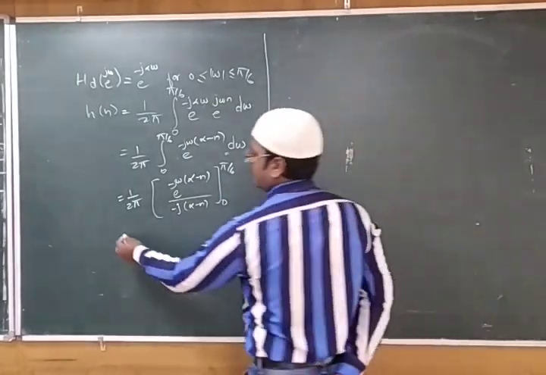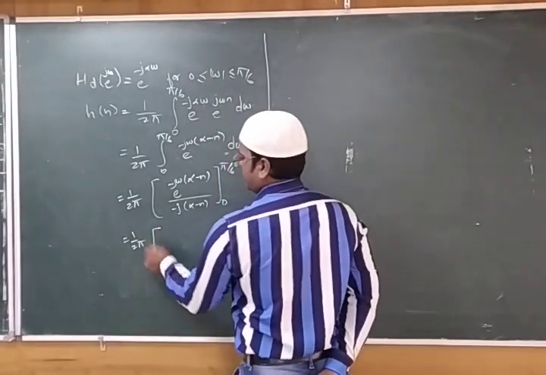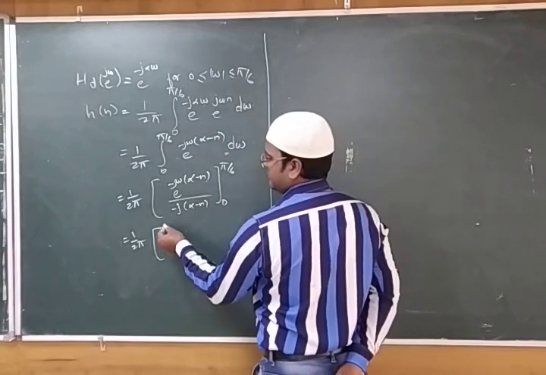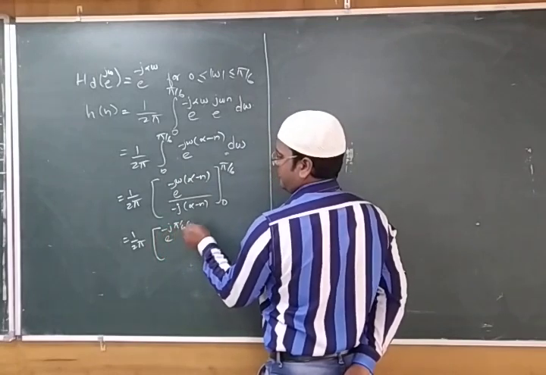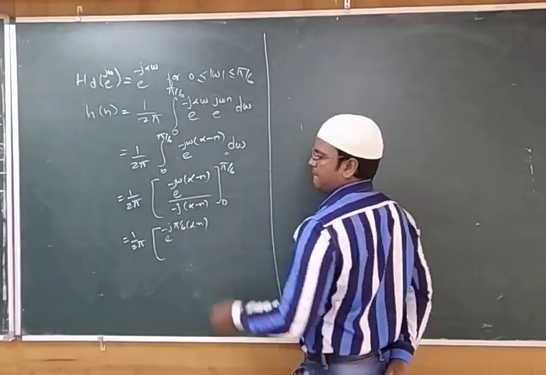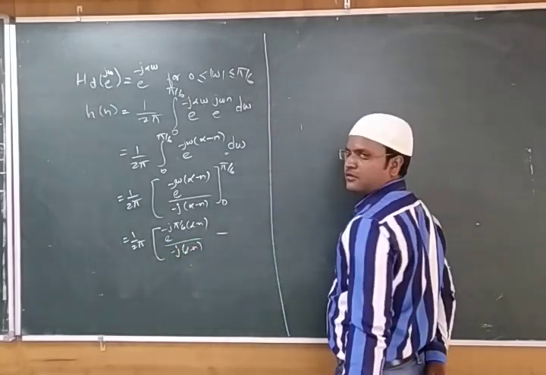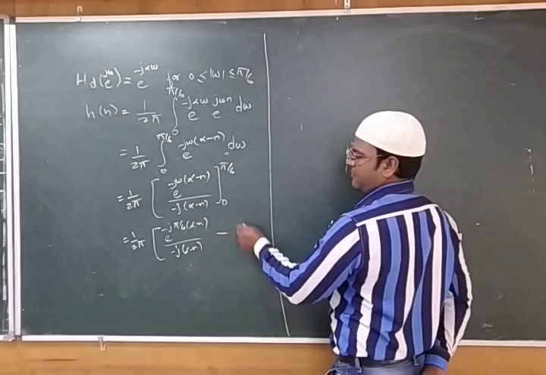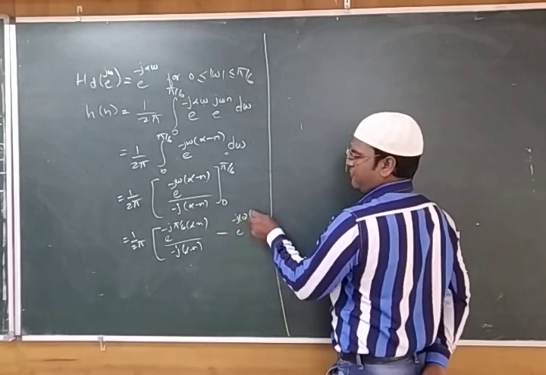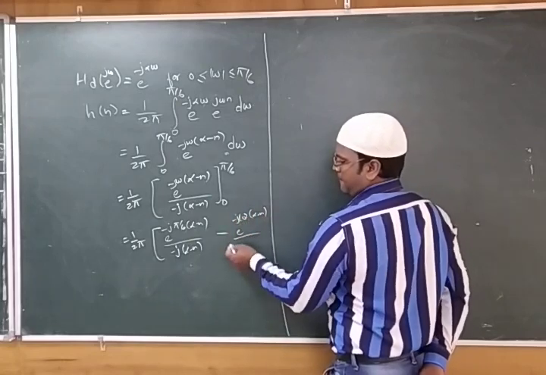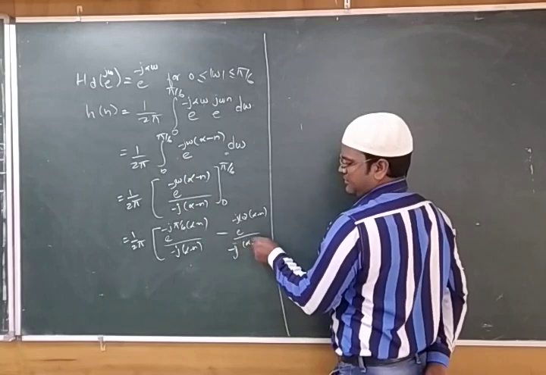So we get 1 by 2 pi. Apply the upper limit: e power minus j pi by 6 into alpha minus n, divided by minus j alpha minus n, minus the lower limit: e power 0, so e power minus j into 0 alpha minus n, divided by minus j alpha minus n, right.